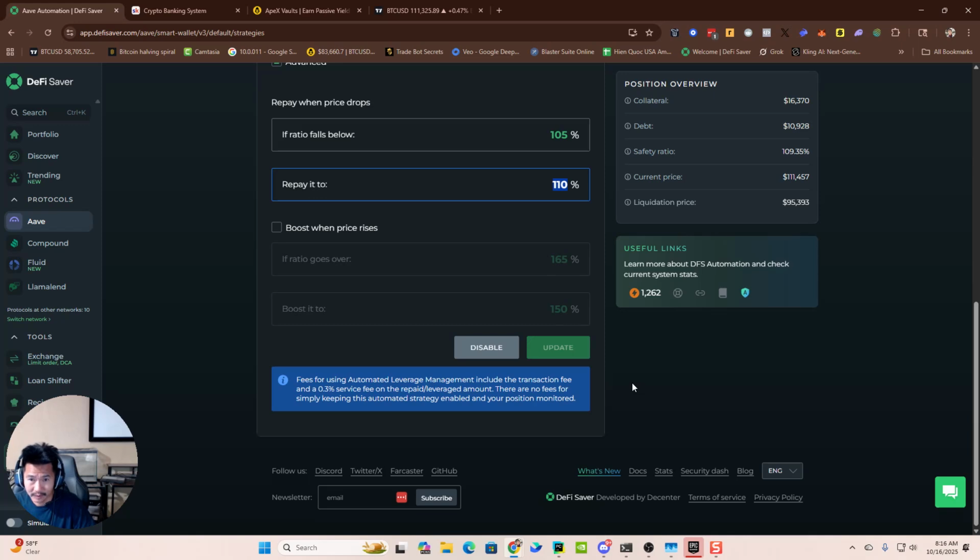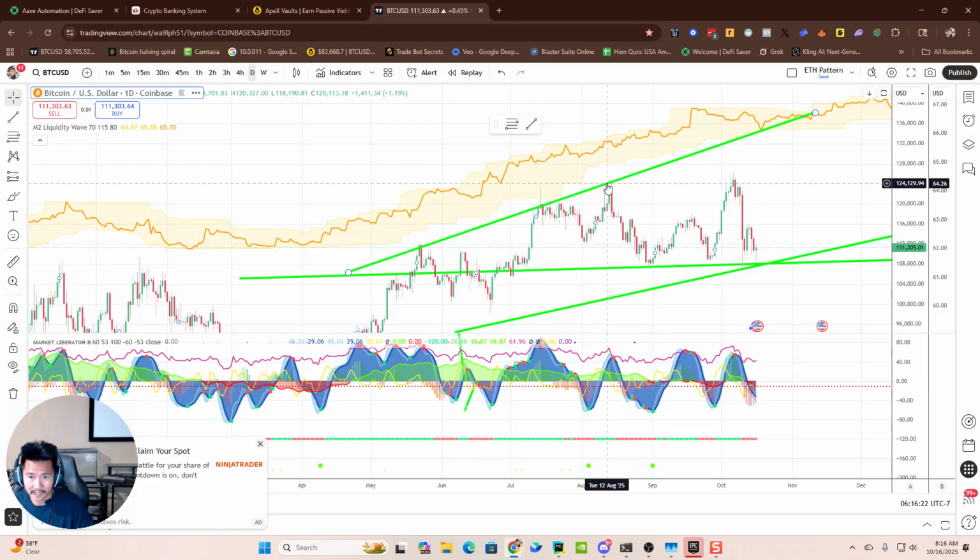There's an option to boost, but I had this on at one point and ended up turning it off, because I'd rather boost when I'm ready. A lot of the time I would take profit towards the high because I have money since it's gone up, and I will borrow, borrow, borrow.